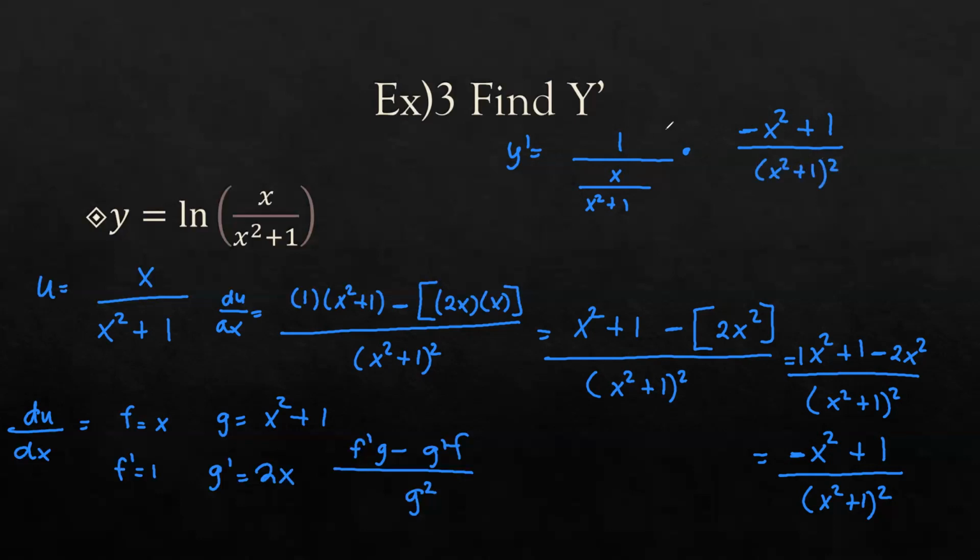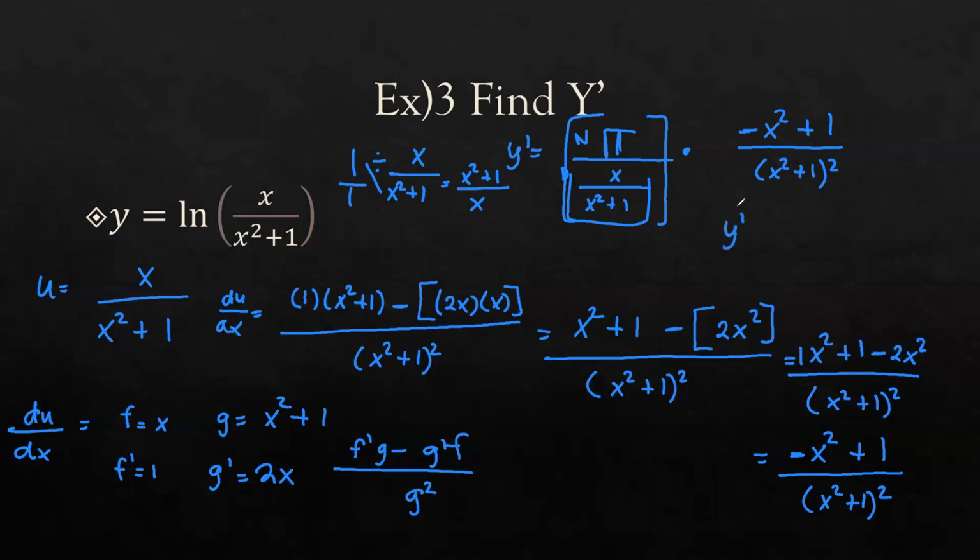Now I'm going to simplify this. This is a complex fraction, right? So 1 is your numerator, and this whole thing is your denominator. I'm going to rewrite that as 1 divided by x over x squared plus 1. Cross multiply, so that would be 1 times x squared plus 1, and 1 times x is x.